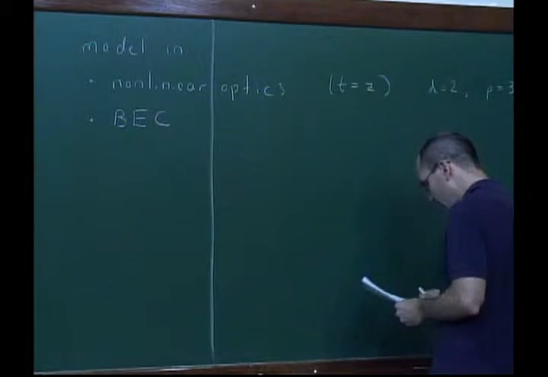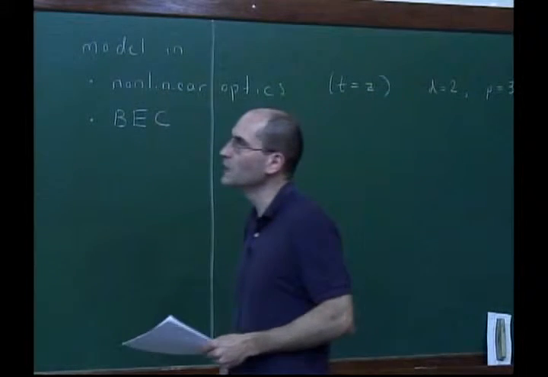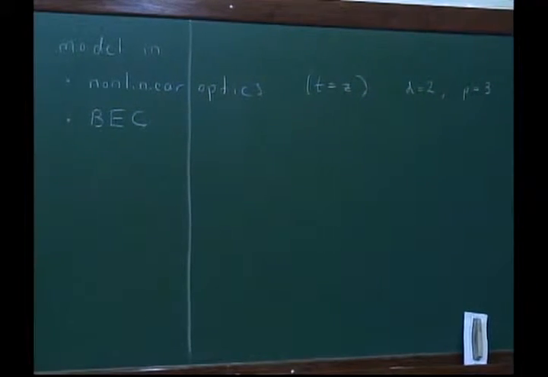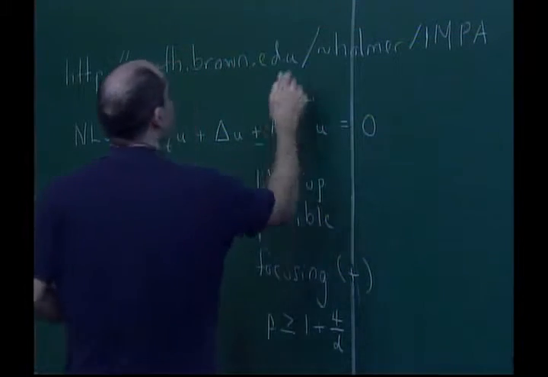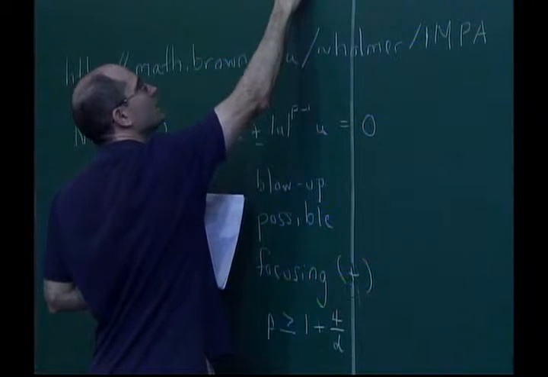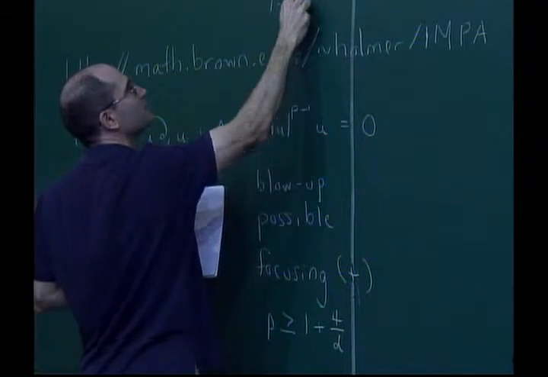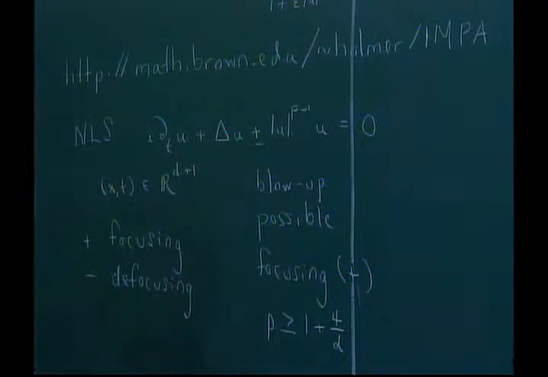But they also consider saturated nonlinearities, which are modifications of |u|^2 u. So you might have |u|^2, but then you put 1 over 1 plus epsilon |u|^2, or some kind of correction like that.